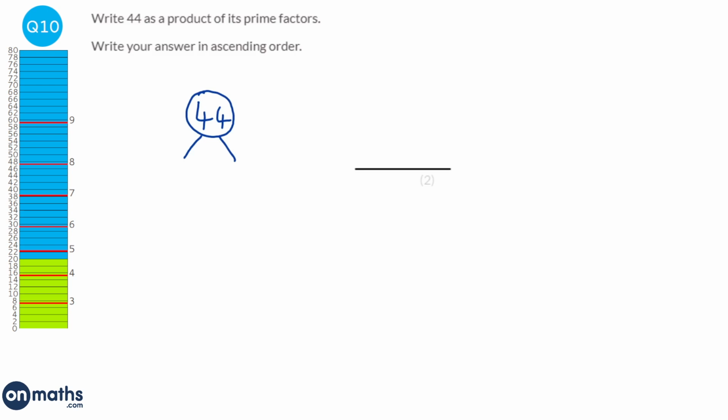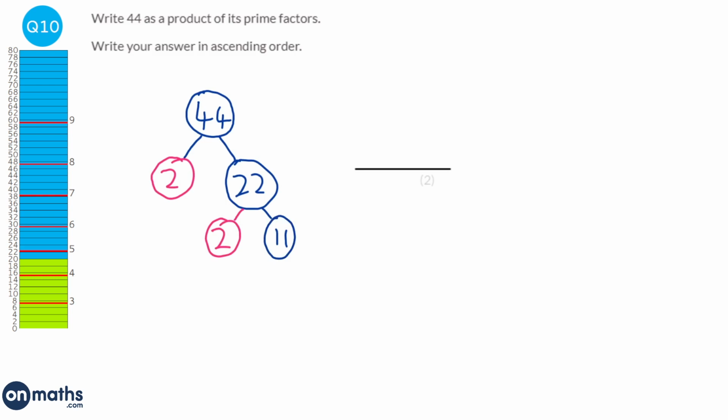Now, the smallest I can think of is 2. And so 2 times 22 is 44. And now we think about 22, and that's 2 times 11. Now you might be thinking, why have I put the 2's in red?